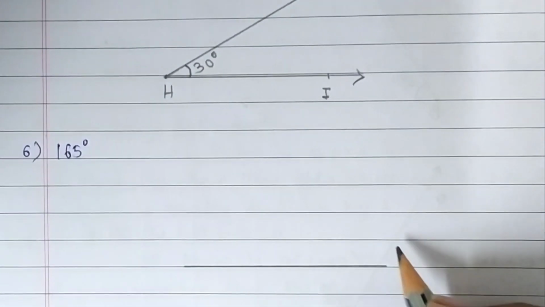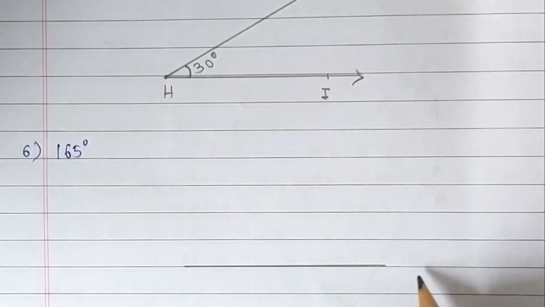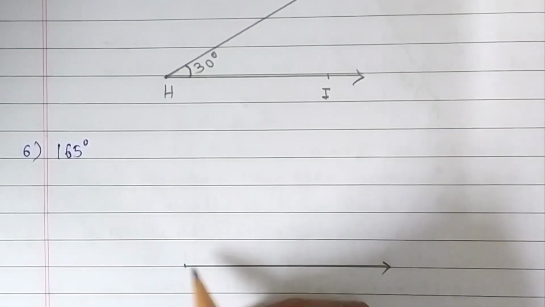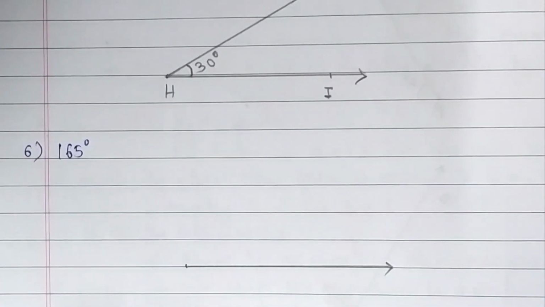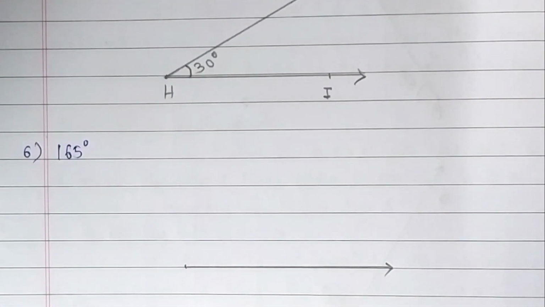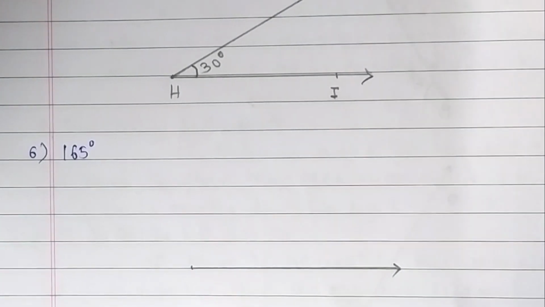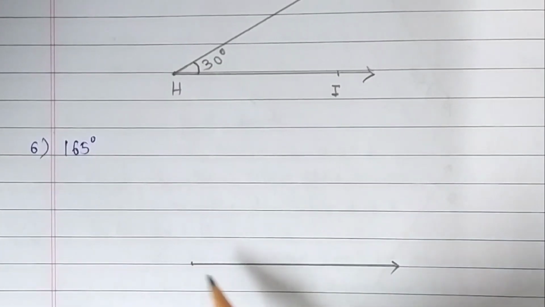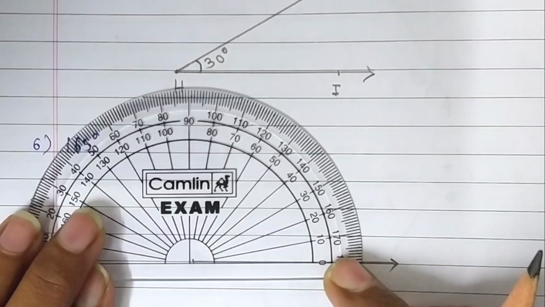You can call it a base arm. Decide our vertex and make here a sign of arrow. Now put the center point of protractor to our vertex. Here is our vertex, put the center point here.